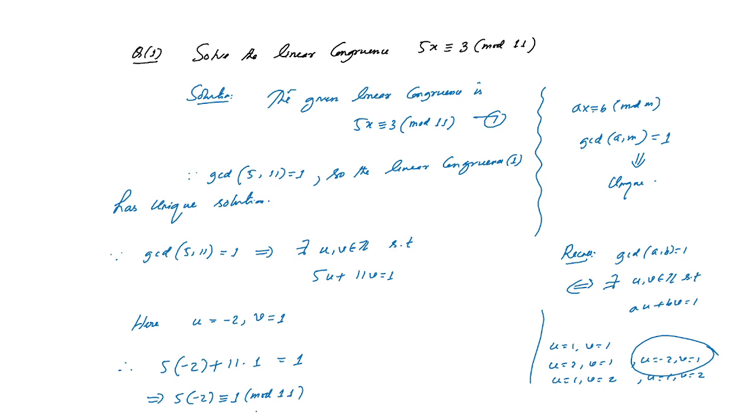Now compare with 5x congruent to 3 mod 11. I need 3 on the right side, so multiply by 3. That will be 5 into minus 6 congruent to 3 mod 11. So here the solution is x congruent to minus 6.